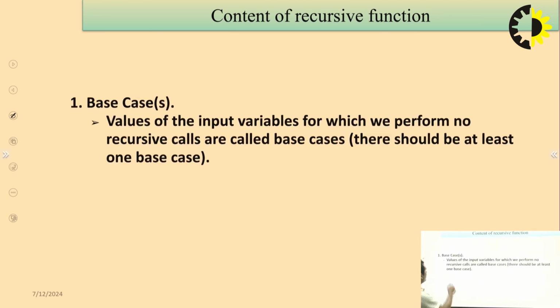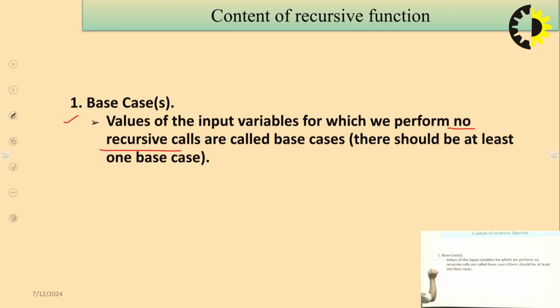Now content of recursive function, as we have seen here, first is the base case. What is the base case? Value of the input variable for which we perform no recursive call. In the base case, no recursive call here.